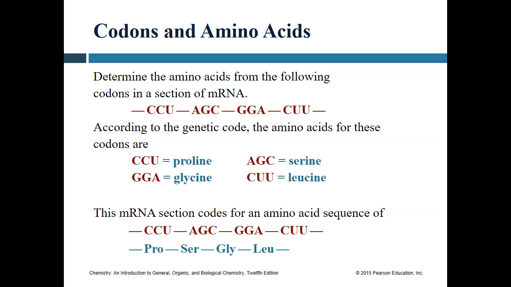And we start building that chain. One after another, after another, after another. We get to a stop codon, everything detaches, and then the protein's able to fold up on itself and create that three-dimensional activated protein that we would expect.